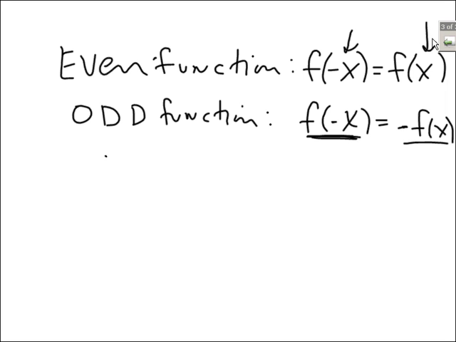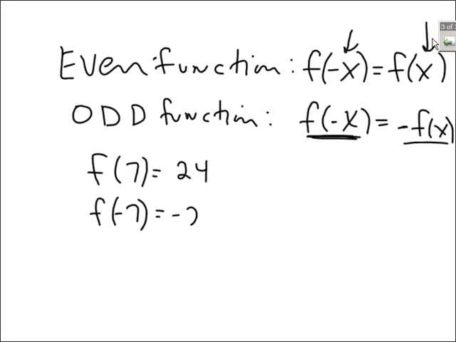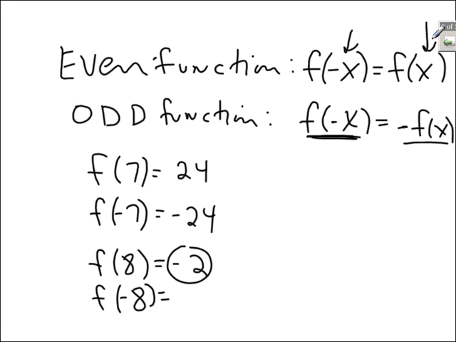So, if I tell you that f of 7 is 24, well then f of negative 7 will be negative 24. If I tell you f of 8 is negative 2, well if you plug in negative 8, you get back the same answer with a minus sign in front of it. If you put a minus sign in front of a number, it changes the sign.